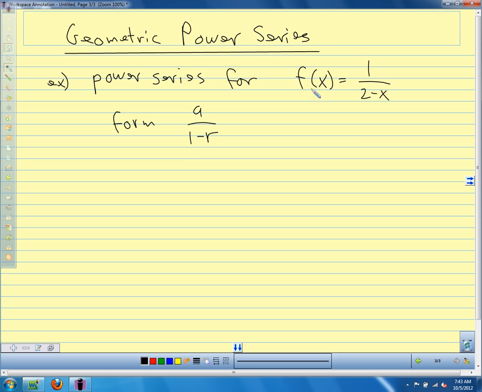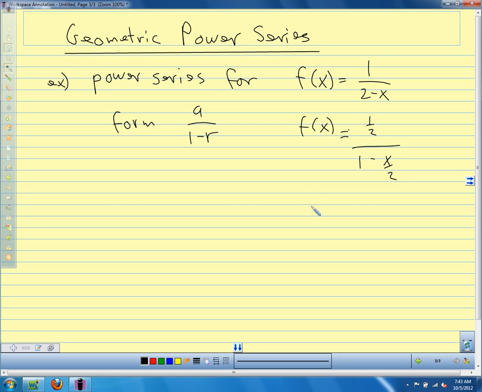So I'm going to divide everything here by 2. Our goal is to put this function in this form. So f of x is 1/2 times 1 over 1 minus x over 2. Now this function is in the form of the sum of a geometric series.